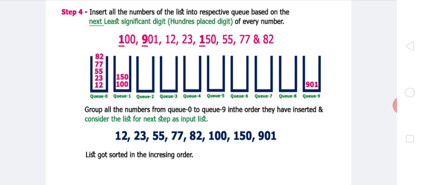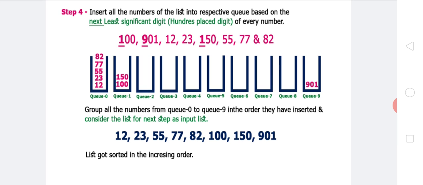Then 150. Now I am going to mark the hundreds place digit, which is 1. In 55, the hundreds place digit is not present, so I am going to mark 0, meaning 55 is considered as 055. The next element is 77, which is considered as 077, so 0 is the hundreds place digit.